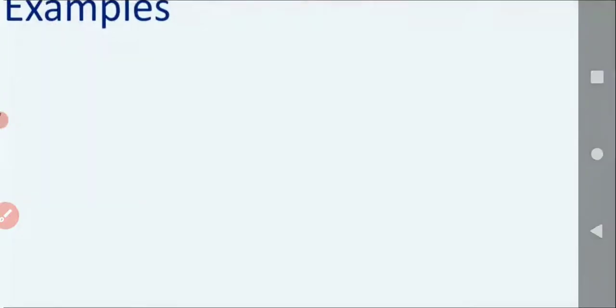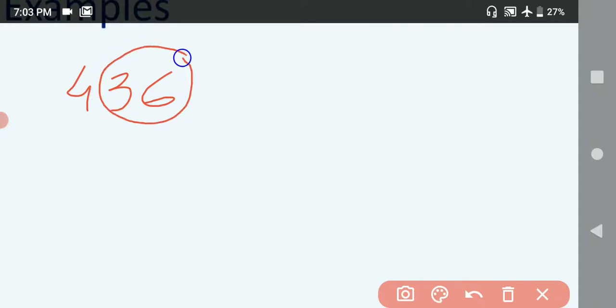Let's have an example. For example, we have 436. For the divisibility of 4, we just have to consider the number formed by the 2 end digits, that is 36.